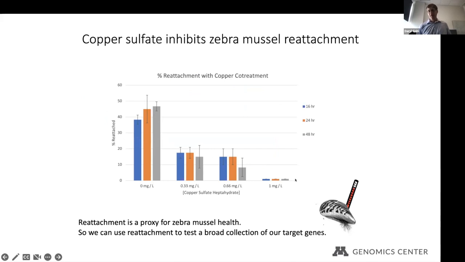So we think that in addition to being able to use this to test some of those attachment fiber genes, if we impair the health of the mussel, or kill the mussel, they're also not going to be able to reattach to the surface. And so we think this assay can be used to screen a broad swath of these constructs and test generally for defects in mussel health.